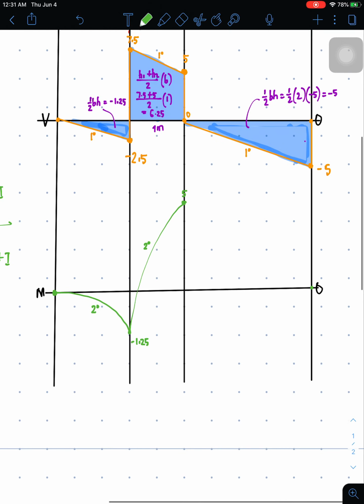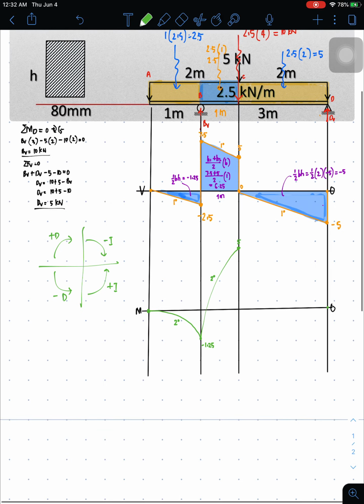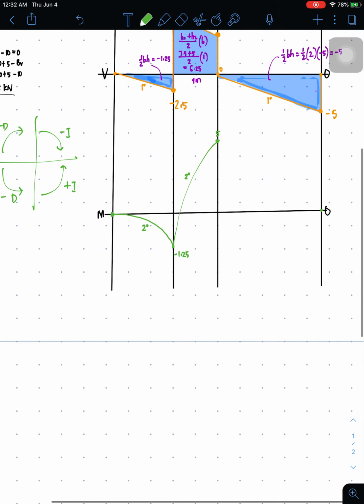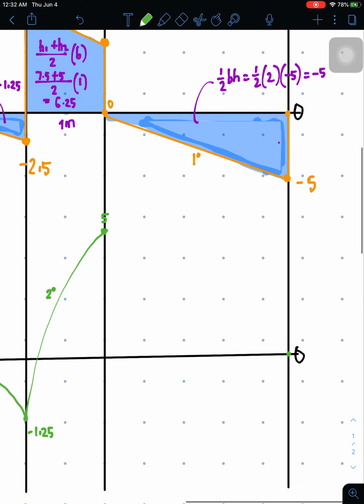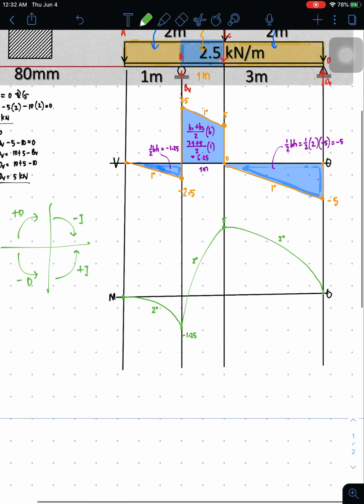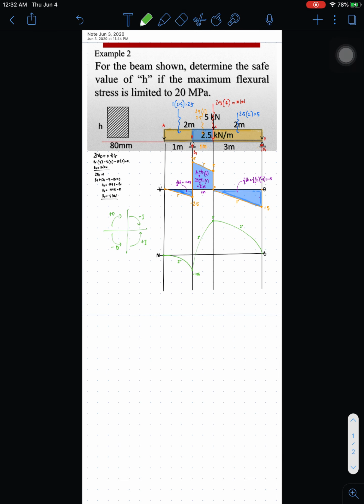And for 0 and 5 kana atong i-connect based sa kaninga illustration. The area is negative and it is increasing. Negative increasing here. This is how we plot a negative increasing. And the value here is at second degree. That's our moment diagram. Then let's proceed in solving the flexure.